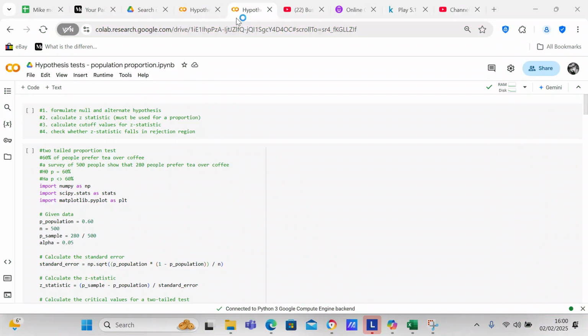There's a 4-step process to do a hypothesis test with the z-statistic. One, you formulate your null and your alternate hypothesis. Two, you calculate the z-statistic, which must be used for a proportion. Three, you calculate your cutoff values for your z-statistic, which is going to be z-critical.